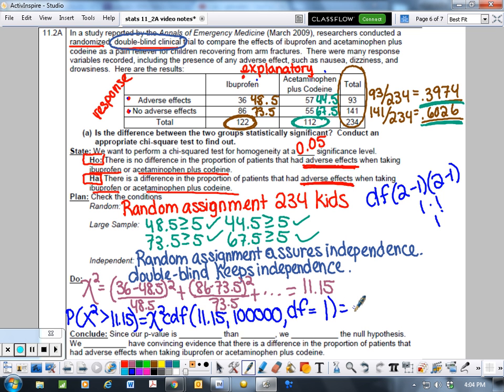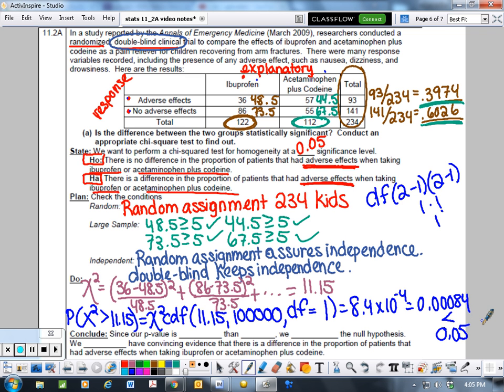So now we plug that in the calculator. I'm getting 8.4 e to the negative 4. So this is really 0.00084, 1, 2, 3 zeros, and then 84. So when I compare that, is it less than 0.05?